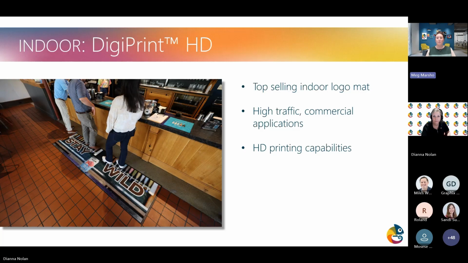Kind of your standard plushy carpeted mat that has the digital printing capabilities. So this is popular for really any indoor atmosphere. We see a lot at schools, liquor stores, front office areas, anywhere that's going to be seeing heavy foot traffic by the door. This will be the go-to if you want a starting point for an indoor mat.